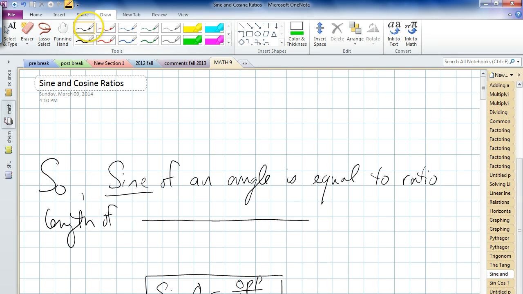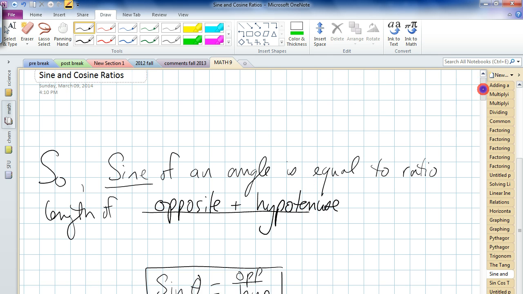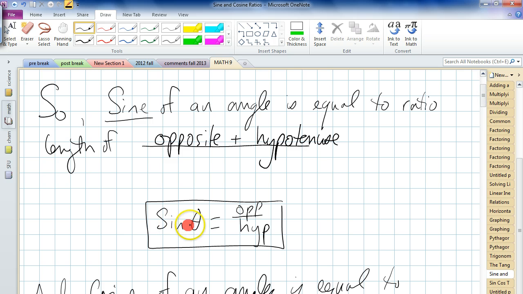So another summary again. Sine of an angle is equal to the ratio of the length of the opposite and the hypotenuse, which means we get a formula for sine: the sine of an angle is the same as the ratio of the opposite side over the hypotenuse side. Opposite over hypotenuse. Remember, tangent was opposite over adjacent.